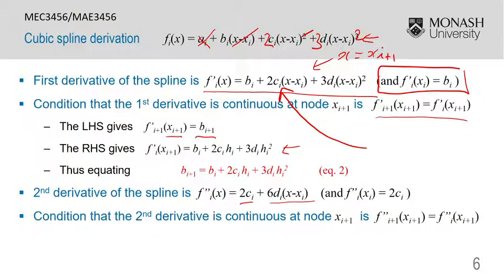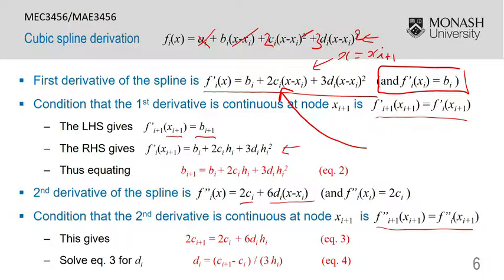Continuity of the second derivative at node xi plus 1 is written like this, and it gives us that twice ci plus 1 is equal to twice ci plus 6 di hi. We're going to call that equation 3, and we can actually solve equation 3 for the coefficient di, and it gives us that di is equal to ci plus 1 minus ci divided by 3hi.